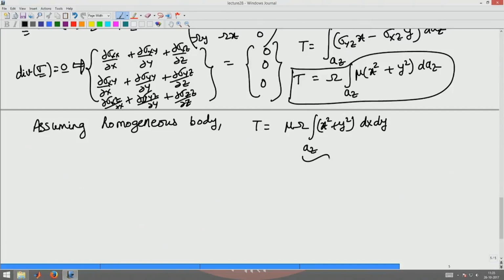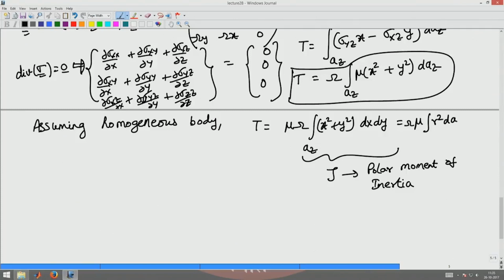Okay, this is the definition of the polar moment of inertia J. Since x square plus y square is r square, I can write it as mu omega times the integral of r square dA, and this r square dA is the polar moment of inertia J. Okay, so I now have the expression T by J equal to mu omega.